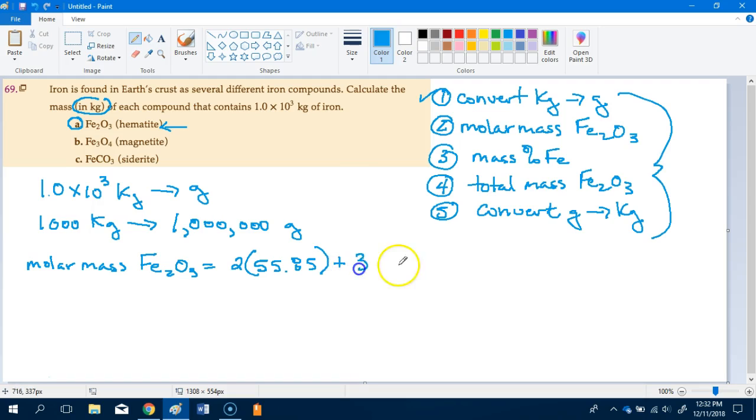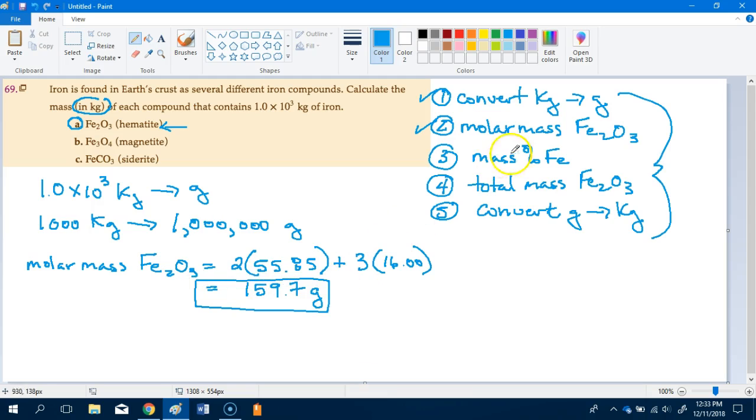Added to that are our 3 oxygens at 16 grams per oxygen. So in total, that's going to be 159.7 grams is our molar mass of Fe2O3. So that's our molar mass.